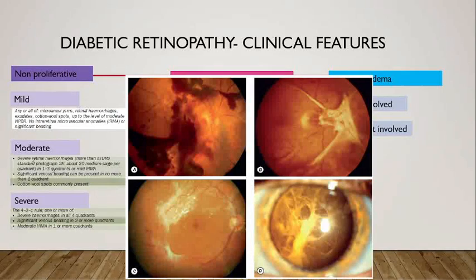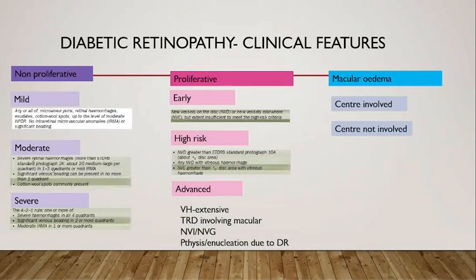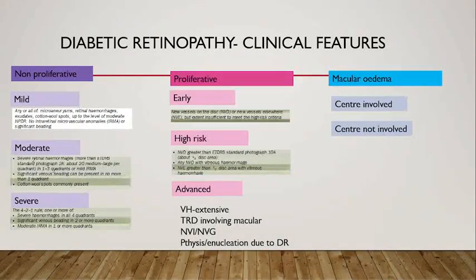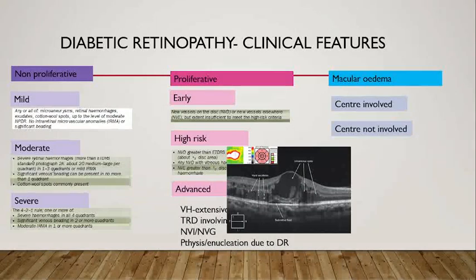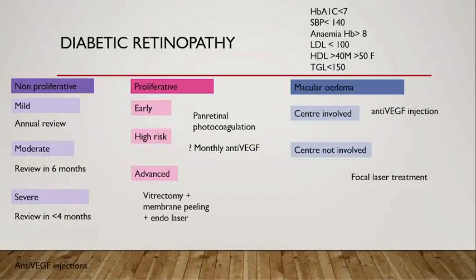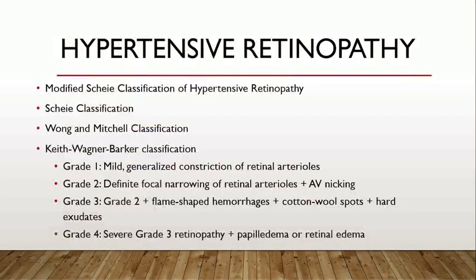This is traction on the disc, and this is a very bad tractional retinal detachment where the vision is not salvageable. And here also along the blood vessels you see the tractional bands, which are managed surgically. This is macular edema. So you have the cyst appearance as well.